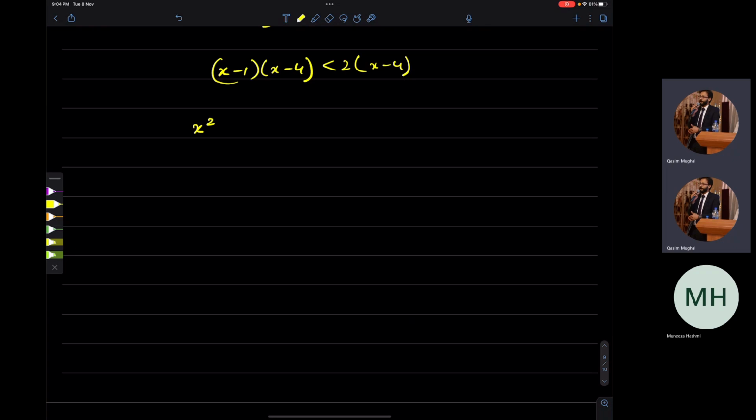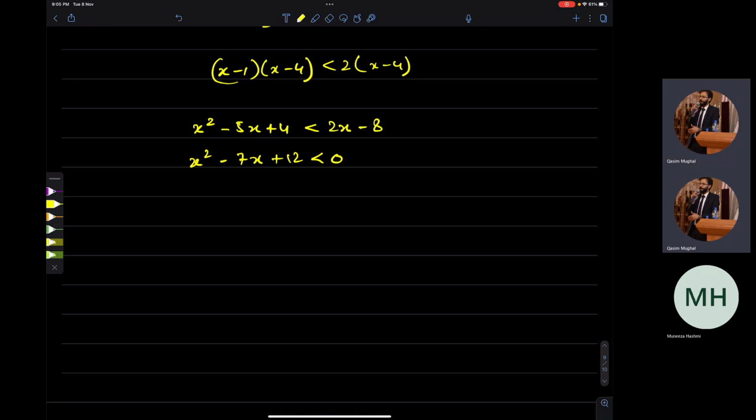That's going to leave us with x squared minus 5x plus 4 on the left hand side. On the right hand side, I'll be left with 2x and minus 8. So x squared minus 7x plus 12 is less than 0.